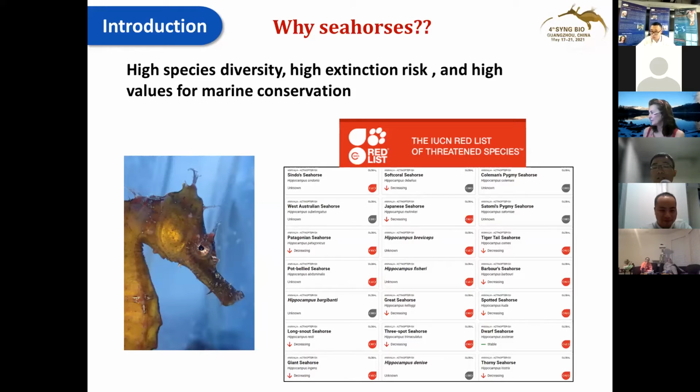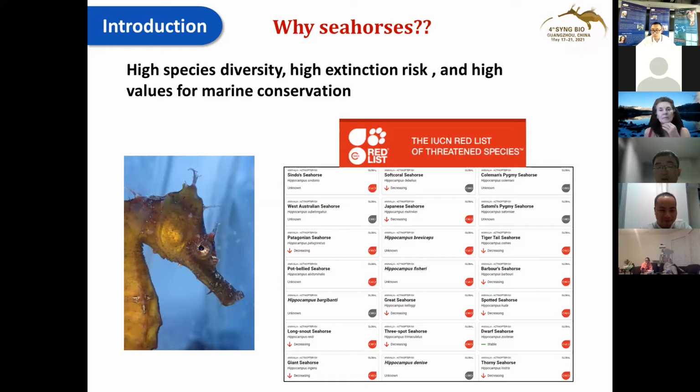Besides, the seahorses are also iconic and suitable model animals for investigating the dispersal and diversification of marine taxa, for they have some unique characters.